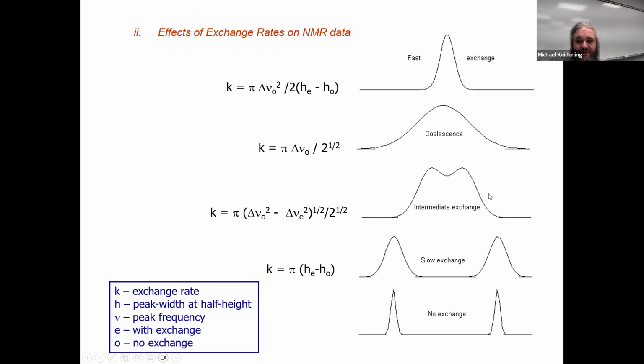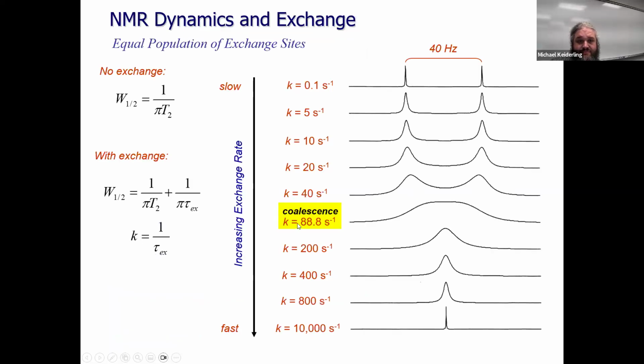This is intermediate exchange, slow exchange, and no exchange. So as you increase the K exchange rate, you can go from 2 peaks at 40 hertz apart to a single peak in the middle.